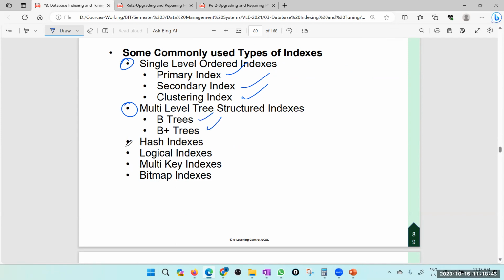Then we have other types of indexes called hash index, logical index, multi-key index, and bitmap index. The plural of index is sometimes indexes, but the formal word is indices. I frequently use indexes because it's easy. You can see even your notes sometimes use indexes.